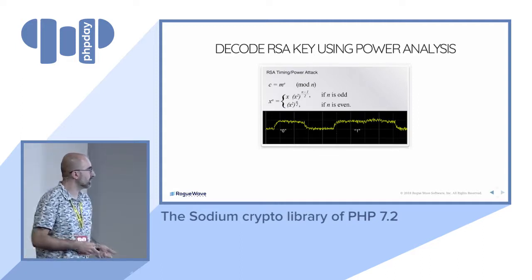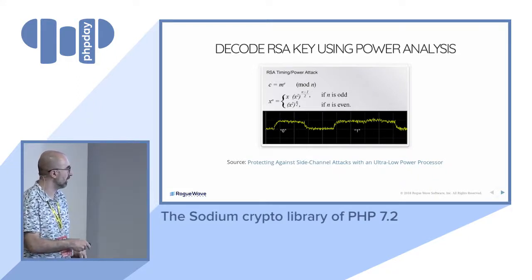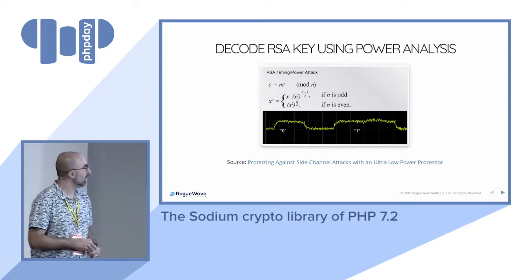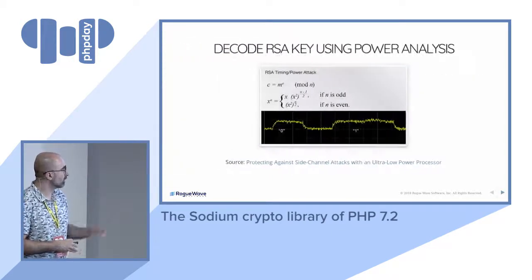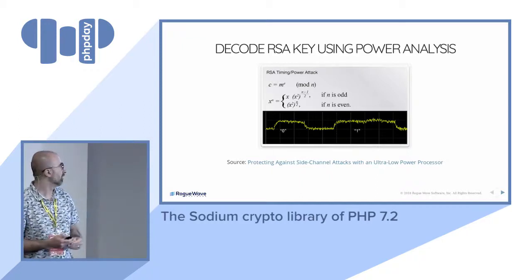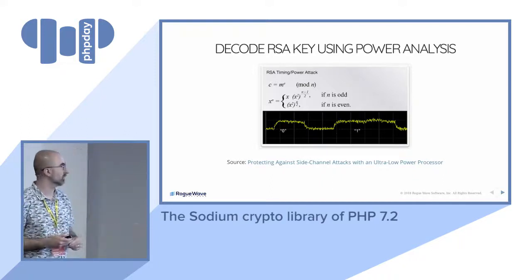This is the source, if you are interested, you can check it out. This is the scientific article they published. And actually it works very well. It's a very successful attack. So there are a lot of examples in security around these mechanisms.